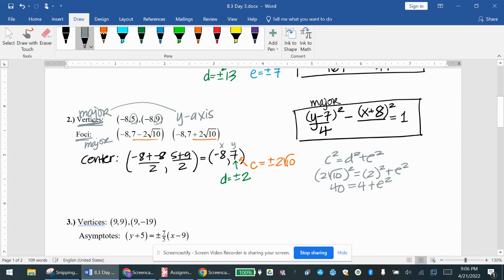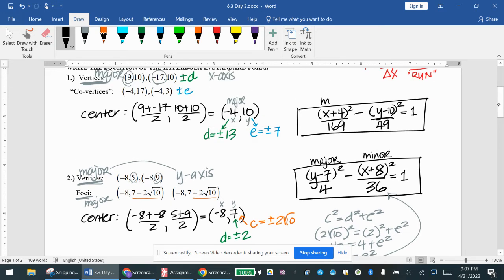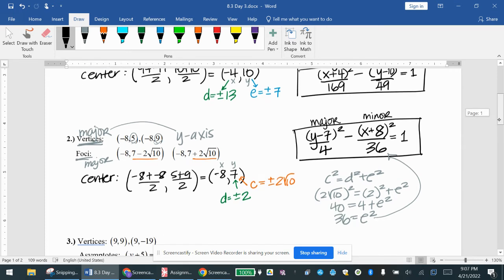The answer is 40. Subtract the 4, you get 36, and that's e squared. You can square root it if you want, but technically we want it as is, we want it squared. So that's going to be your e value for your minor axis. Okay, so remember your major axis needs to be written first, and that's the one that's a positive fraction. Your minor axis is the one that's got the subtraction in front.